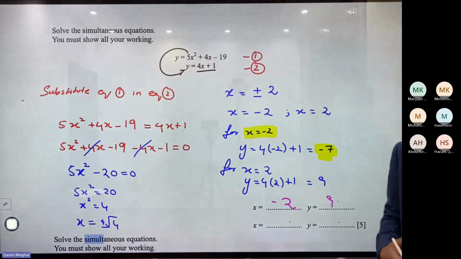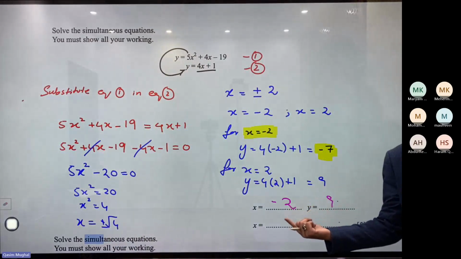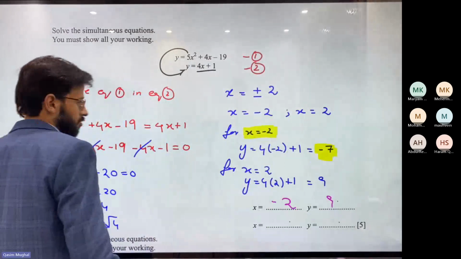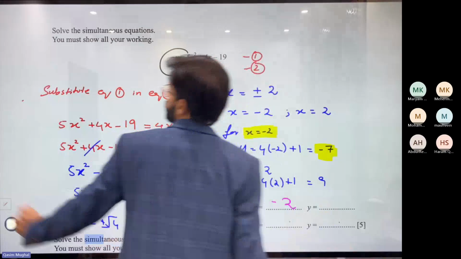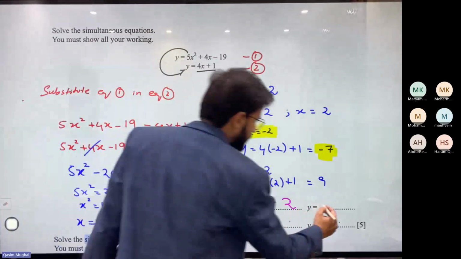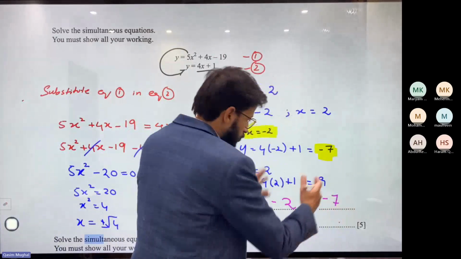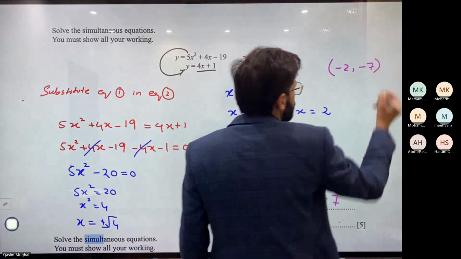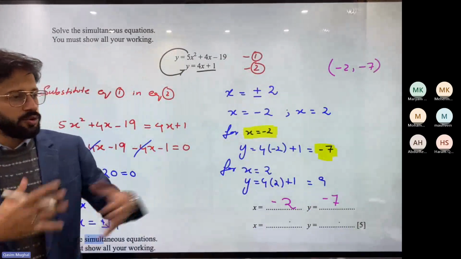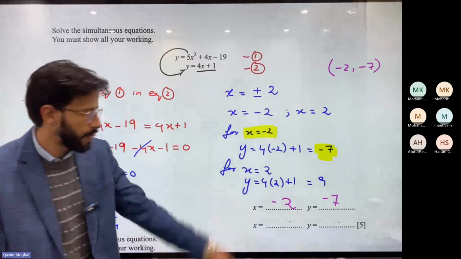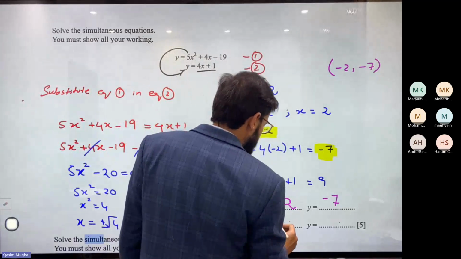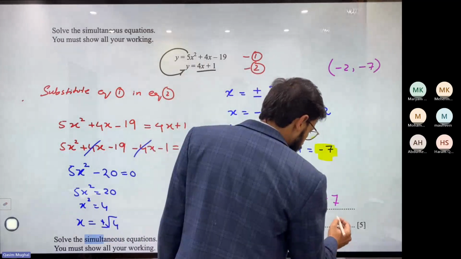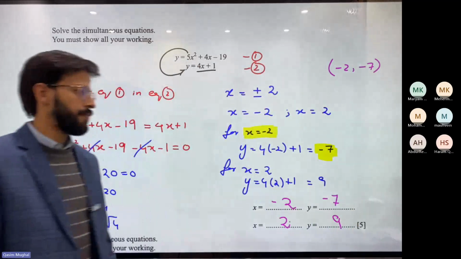You need to write the corresponding value of y for whatever value of x you choose. So when x equals negative 2, y is negative 7. So that's one pair. So that is why जब आप इसका ग्राफ बनाएंगे तो -2 और -7 पे इनका इंटरसेक्शन हो रहा होगा. ठीक हो गया? Next, when x is equal to 2, y is equal to 9, that's another pair.